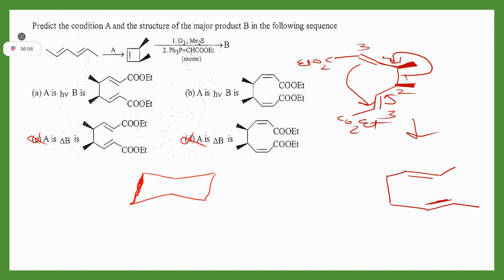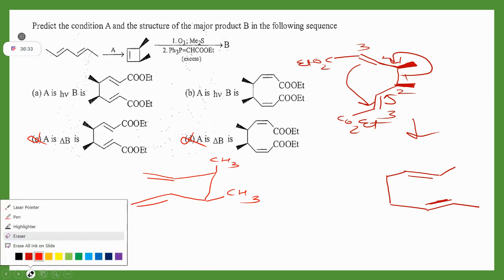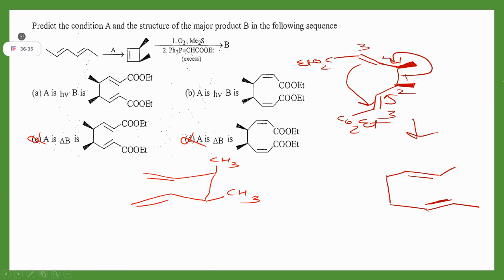So if you look at this, your methyls are cis, right? After that, there is a double bond. Yes or no? Now, in that double bond, in starting, this bond is not. Another thing to note from here is both your CO2Et are E.